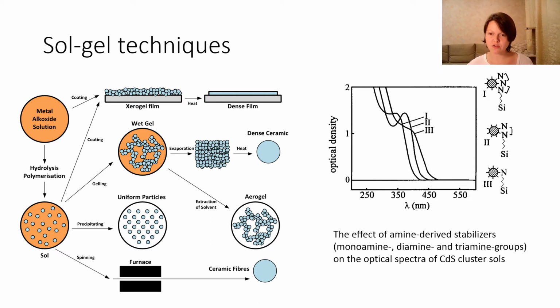The nature of different stabilizing groups strongly influences the electronic states that we can see at the absorption spectra. Here, the shift can be explained by different sizes of nanoclusters and stabilizers, and by different charge states at the interface between the amine-natured stabilizers, monoamine, diamine, and triamine groups, and cadmium-sulfur cluster salts.